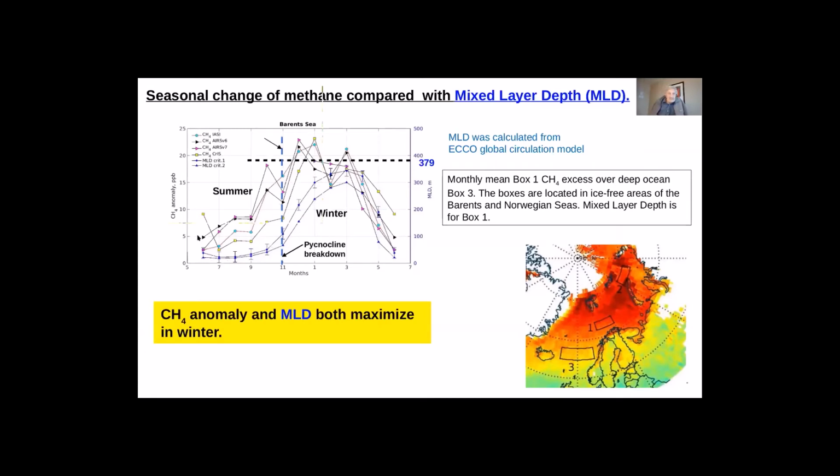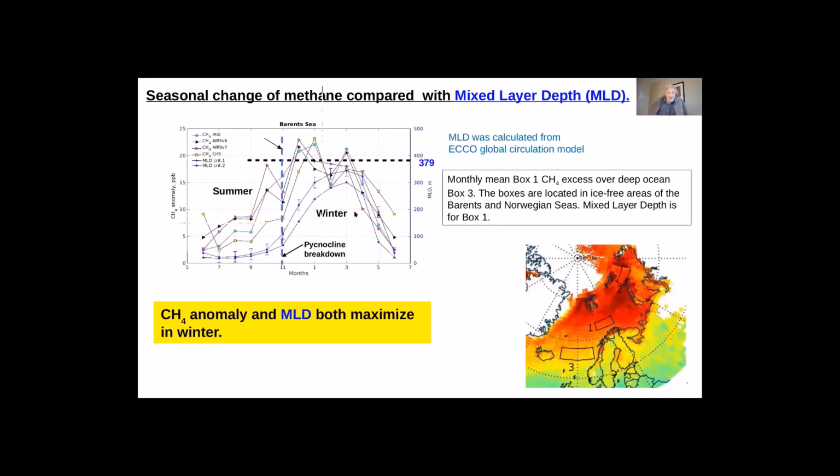And compared this difference with this seasonal cycle of methane anomaly with seasonal cycle of mixed layer depth. So in summertime, the mixed layer is very shallow. It's not higher than 30 meters, but it is as high as 300 meters in winter.